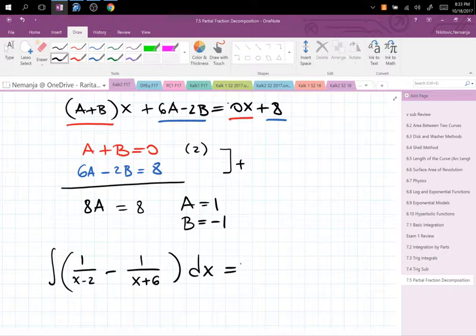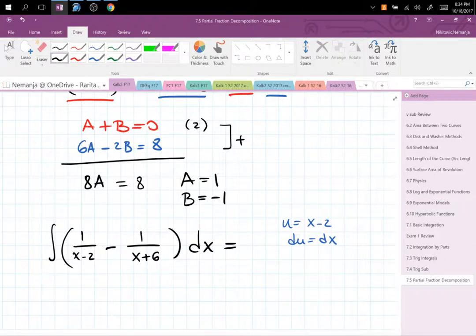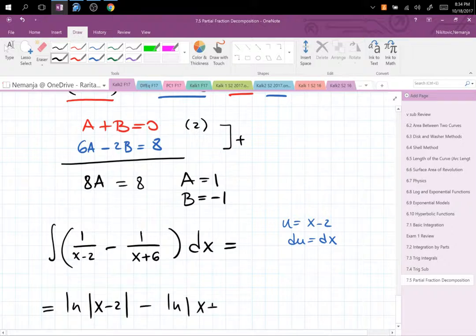Those of you struggling with integration will have to say u equals x minus 2, du equals dx, substitute everything to get into ln. Those of you who know that this integral is already ln, it's ln |x minus 2| minus ln |x plus 6| plus c.